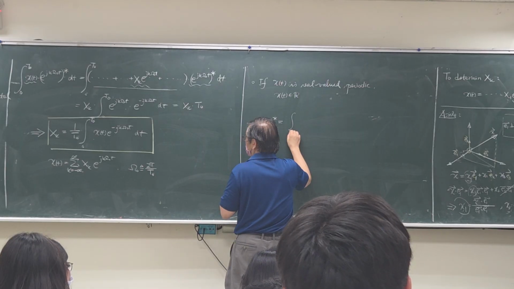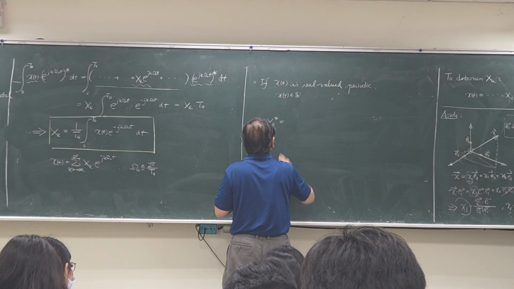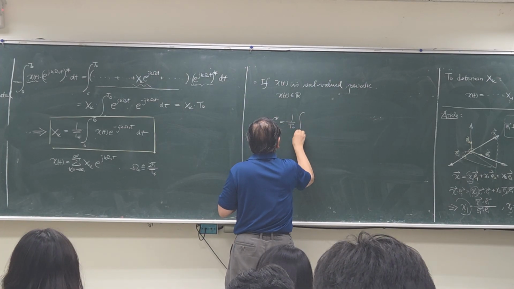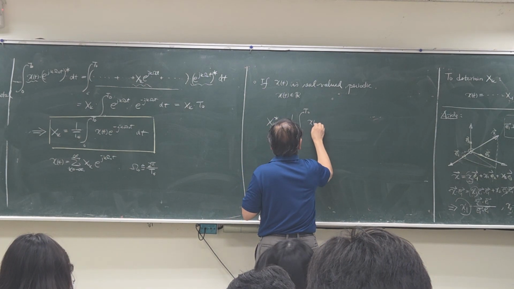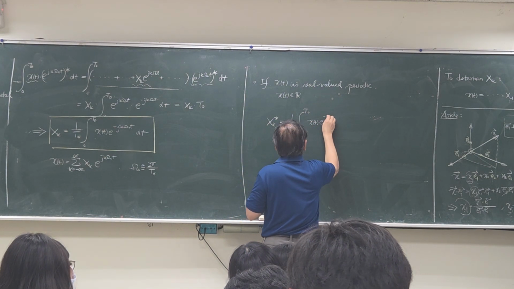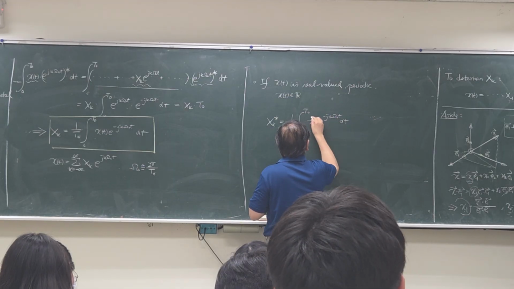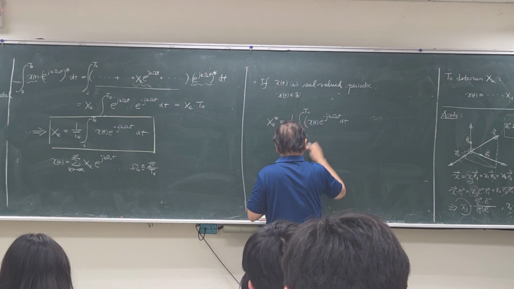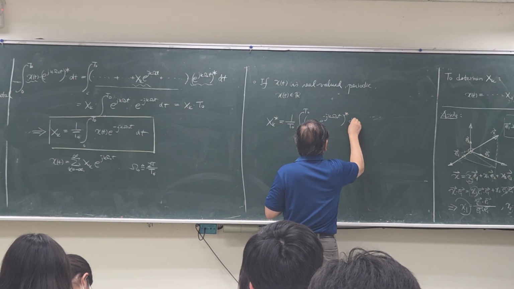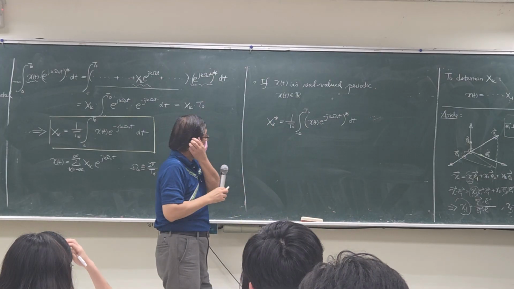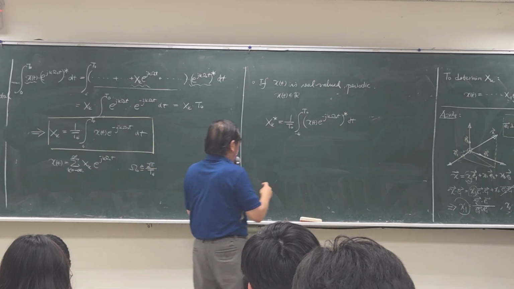So that will be 1 over T0, the complex conjugate over the entire product of the function.